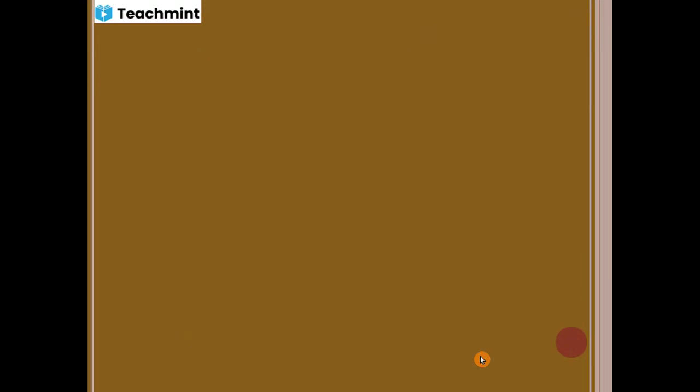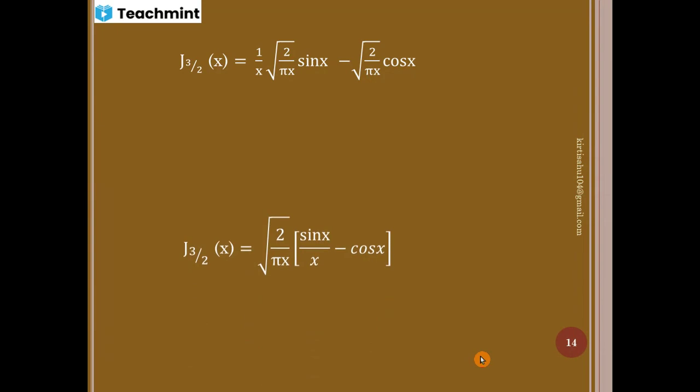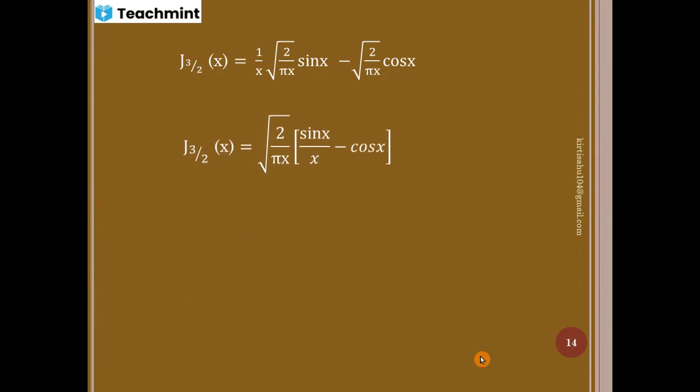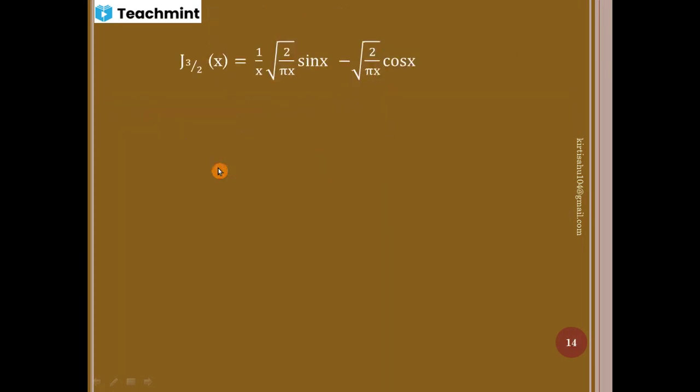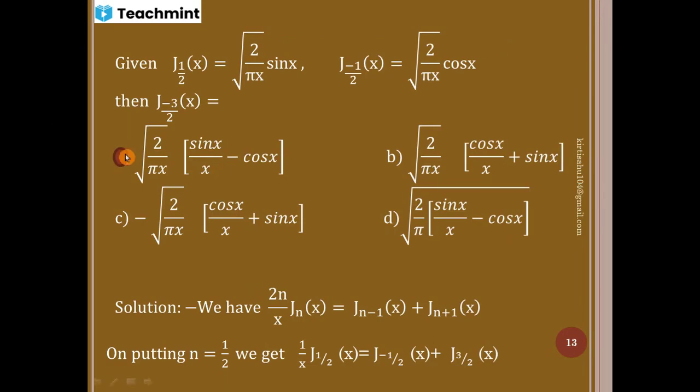Okay, now simplifying it further, J 3 by 2 of x is equal to half of the value of J half of x is required, which is given, as well as J minus half of x is required. So we will put the corresponding values, and in this way we will get the value of J 3 by 2 of x, right? So this is nothing but option number A, right?